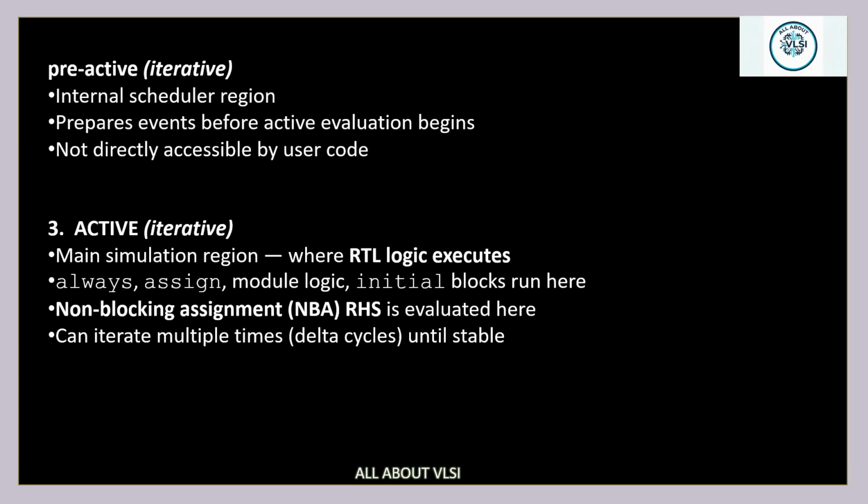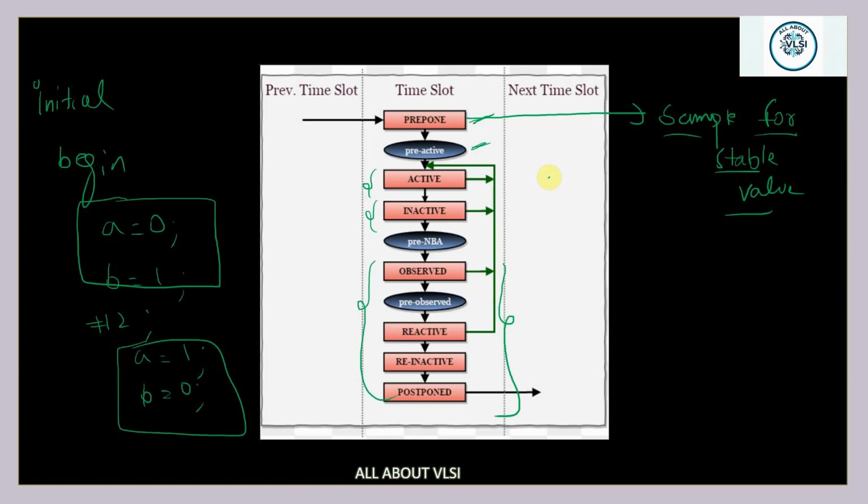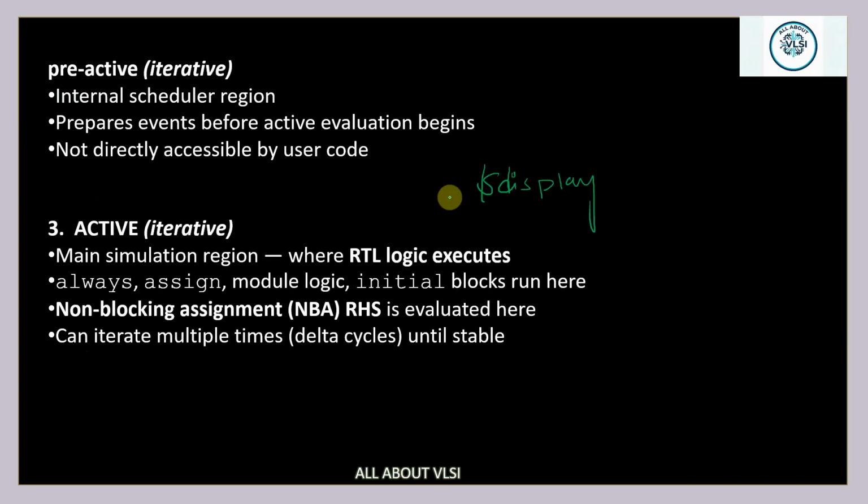In this active region, we execute our always blocks, initial blocks, assign blocks, and $display statements, and the RHS of NBA non-blocking assignments will be evaluated, not the assignment, just the evaluation of the RHS of the NBA. We have already discussed all this in great detail in our Verilog sessions, so you can rewatch there. So this is what the active region is going to execute.